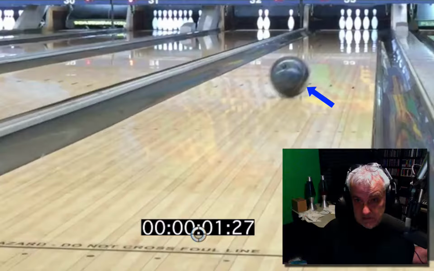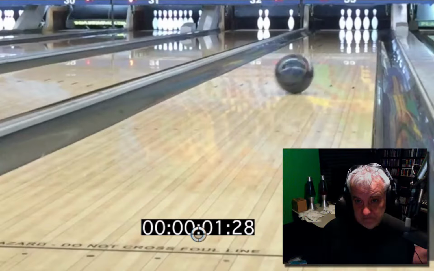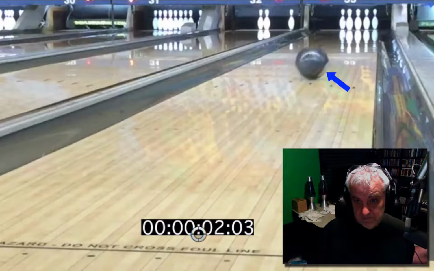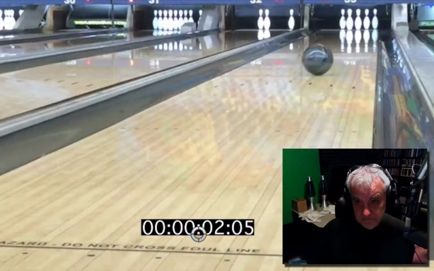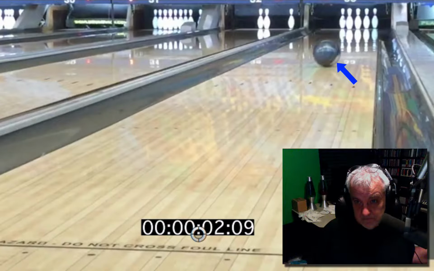There it is again. That's 2 revs. There it is again. That's 3 revs. There it is again.